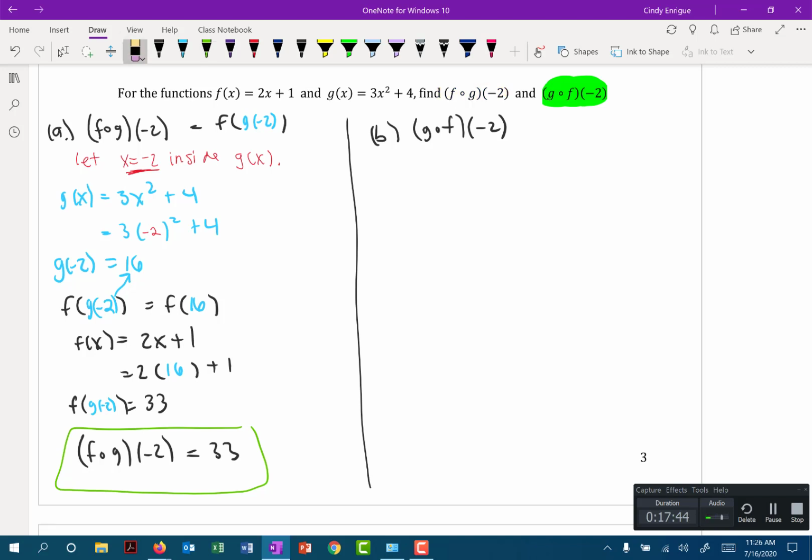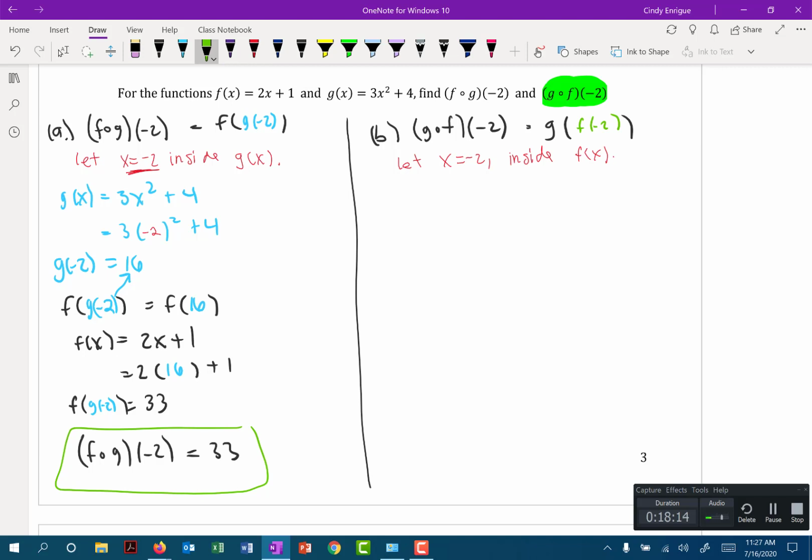So for part B, we're going about it in the reversed order. So g is composed with f in this one. So I know that I have my g function, and inside my g function, I'm going to plug in my f of -2. So this is saying let my x value equal -2 inside my f of x function.